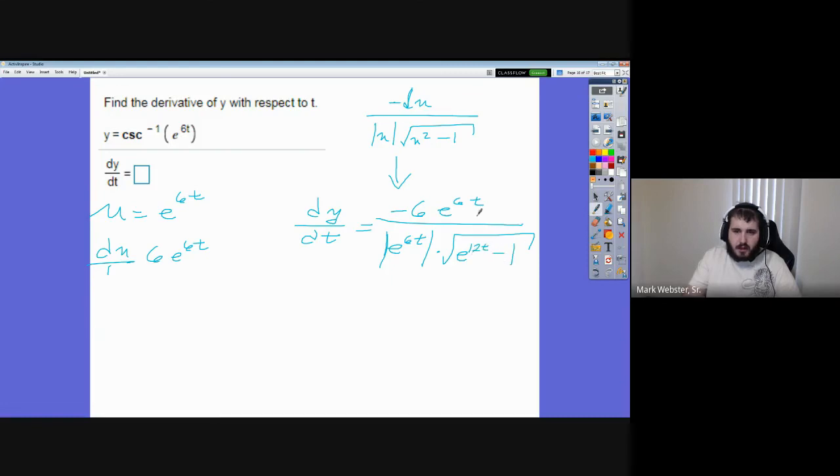And everybody see how u squared, e to the 6t squared, that's e to the 12t, right? Remember, exponent to an exponent, you multiply the exponents. And that's it.